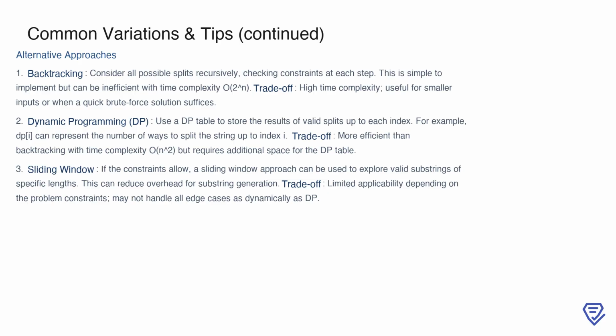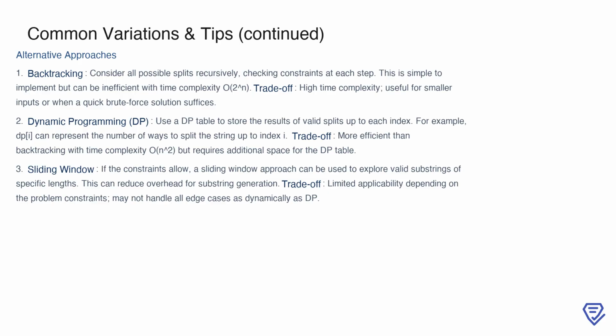Dynamic programming is another powerful approach. By using a DP table, you can store the results for valid splits up to each index, reducing redundant calculations. For instance, dp[i] can represent the number of ways to split the string up to index i. This method is significantly more efficient, with a time complexity of n squared, though it requires additional space for the DP table.